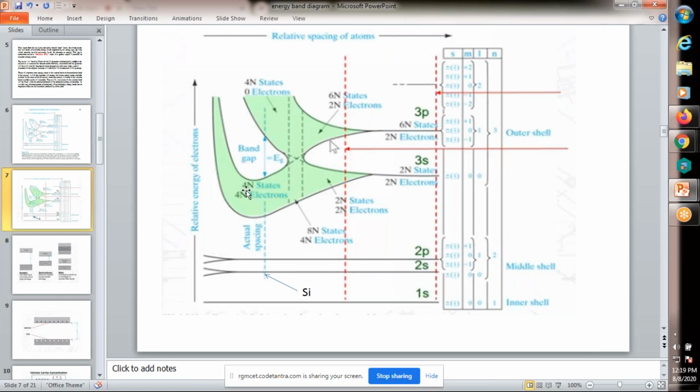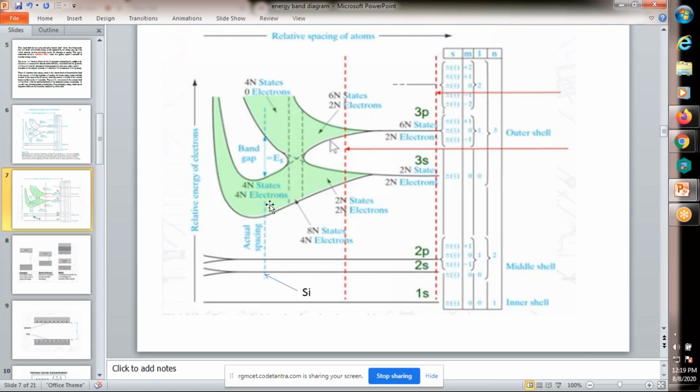The upper 4N states relate to the conduction band and the lower 4N states relate to the valence band, and the separation between them is the energy band gap. The energy band gap is generally expressed in electron volts. For silicon, it is around 1.1 electron volt, right?